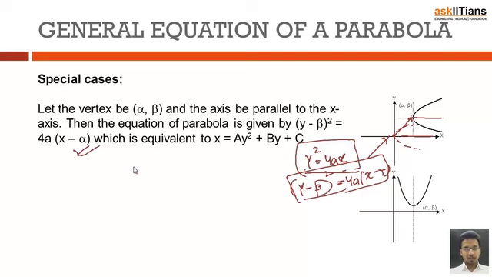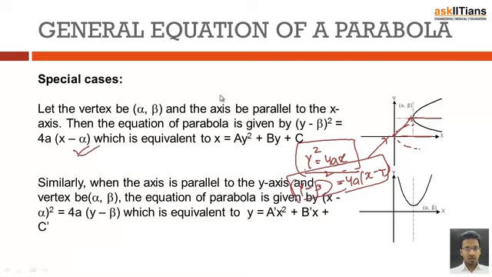The next case, the second one, is where the axis is parallel to the y-axis, the upward one. In this case the general equation, instead of x squared equals 4ay, becomes (x minus alpha) whole squared equals 4a times (y minus beta).